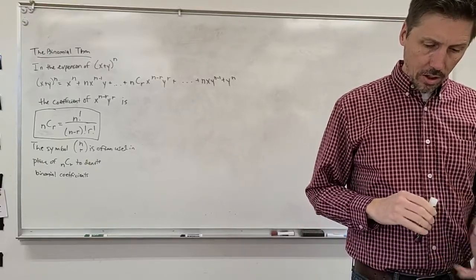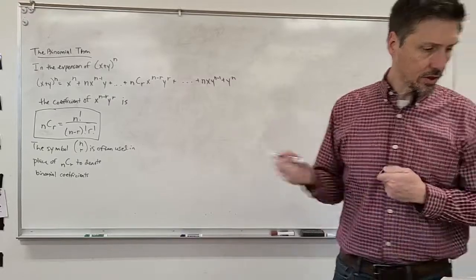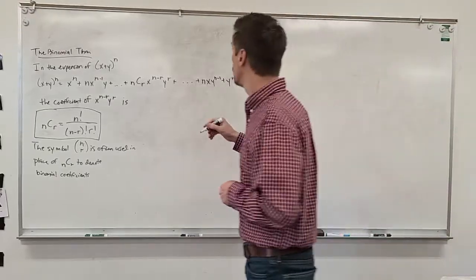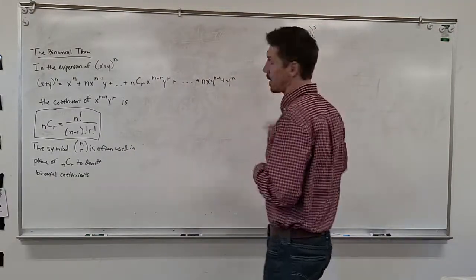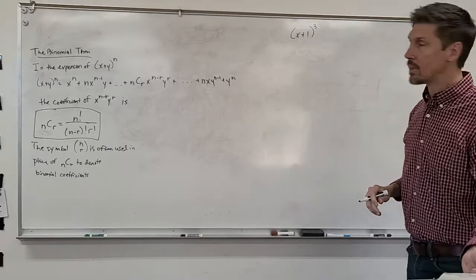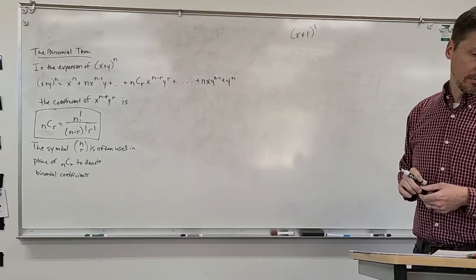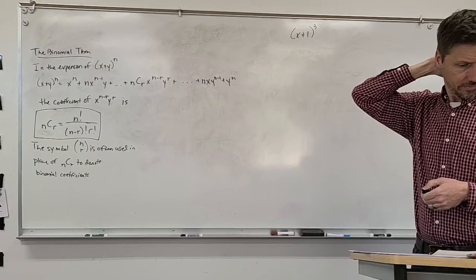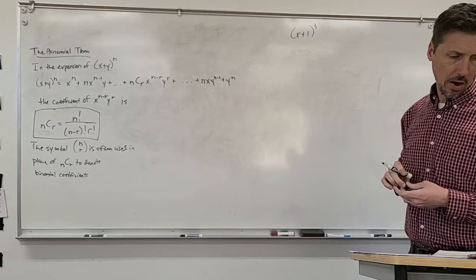So, example number 3 tells us to write the expansion of x plus 1 cubed. Okay? And so the first thing that we're going to do is find the binomial coefficients.